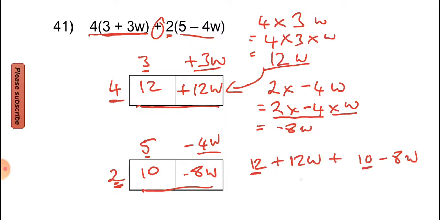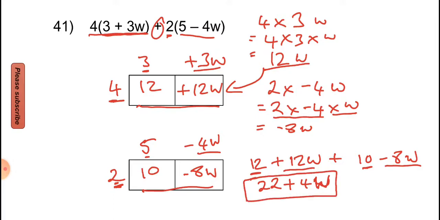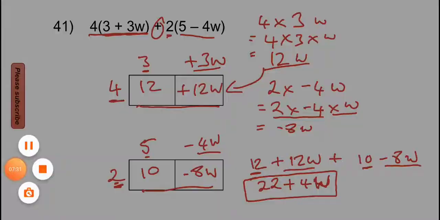So 12 add 10, these are like terms, so 12 add 10 is 22, and then 12w minus 8w just gives us positive 4w, so plus 4w. So 12w take away 8w just gives us 4w. So this here is the final answer, 22 plus 4w.